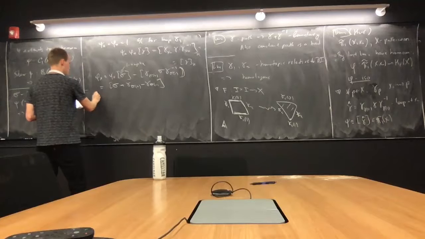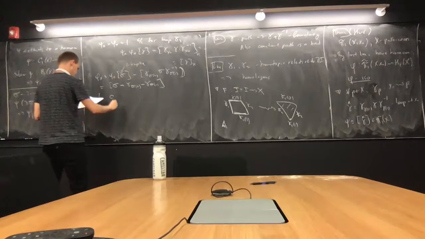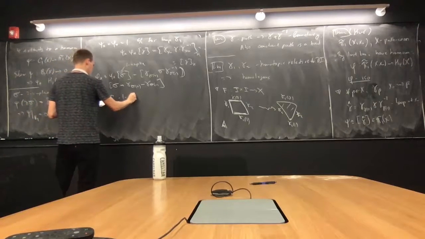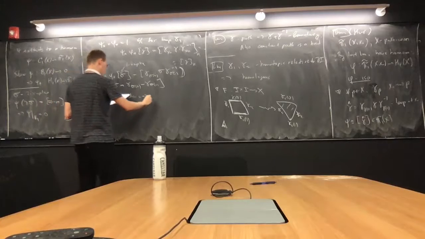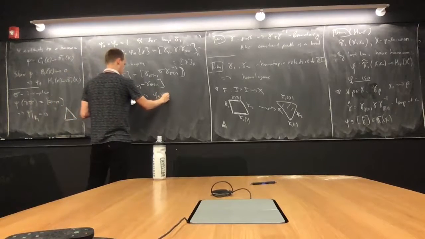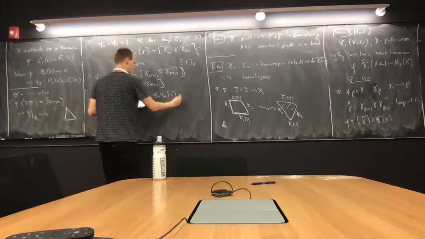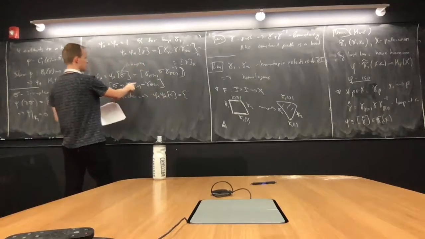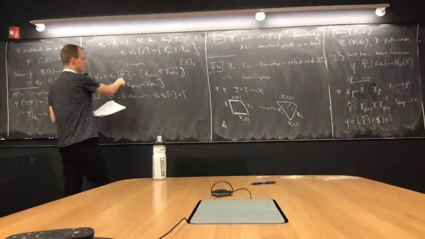So if you have C, which is a one chain, then phi star psi star of C is just, C is just a linear combination of one simplices like this.